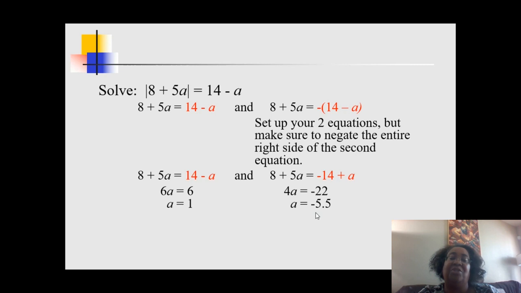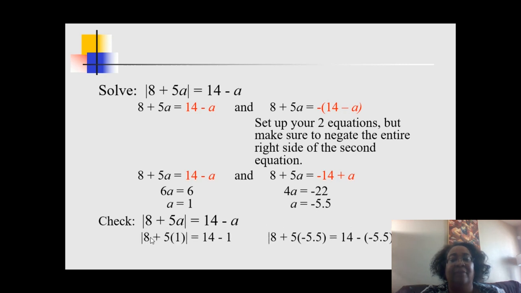So what we have to do is just stick those back in the formula and check them. On this one, we're going to use 1 to check. So 8 plus 5 times 1 is equal to 14 minus 1. And that's 13, the absolute value of 13, which is 13.